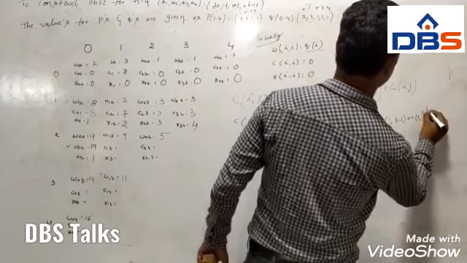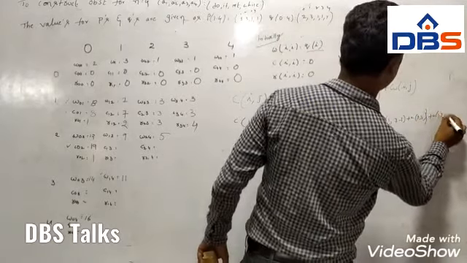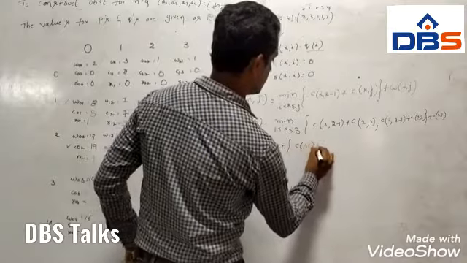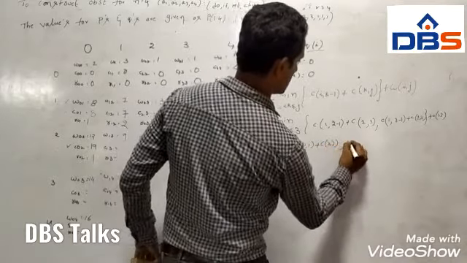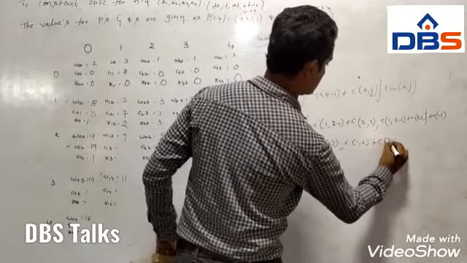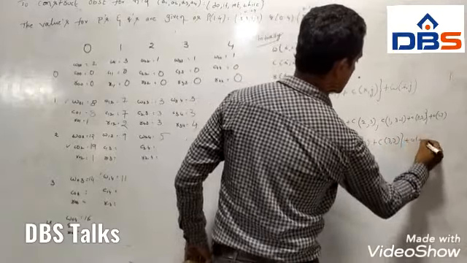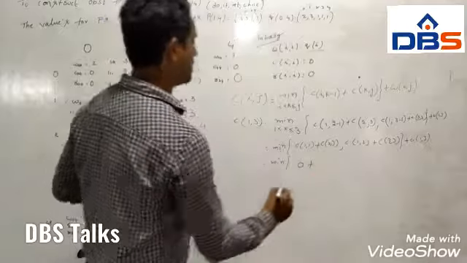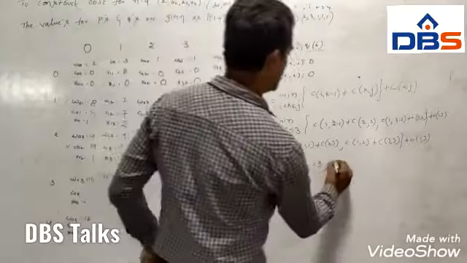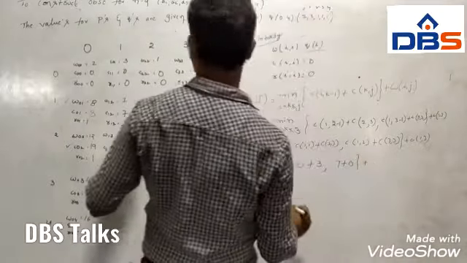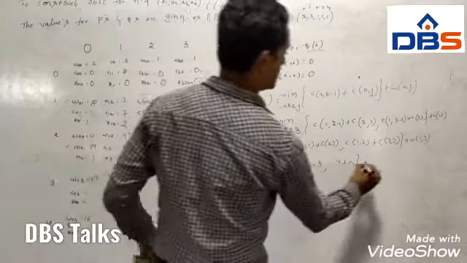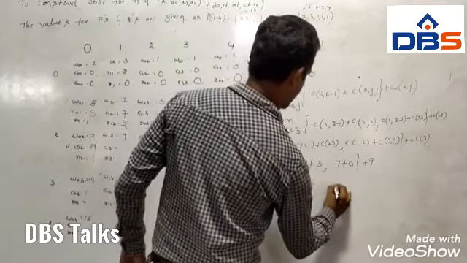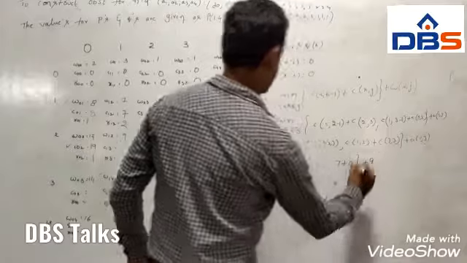comma 3 plus W of 1 comma 3, that equal to min C of 1 comma 1 plus C of 2 comma 3 comma C of 1 comma 2 plus C of 3 comma 3 plus W of 1 comma 3, that equal to min C of 1 1 0 plus C 2 3 equal to 3 comma C 1 2 7 plus 0 plus W of 1 3 9, that equal to minimum is 3 plus 9, that equal to 12 when k equal to 2.